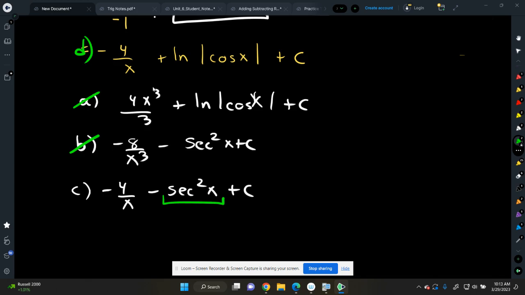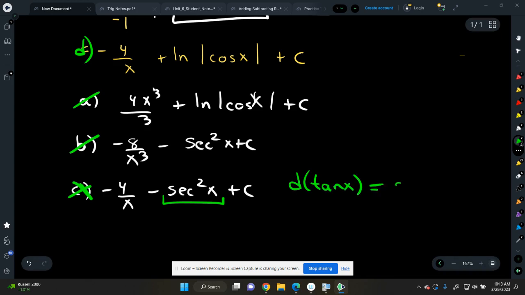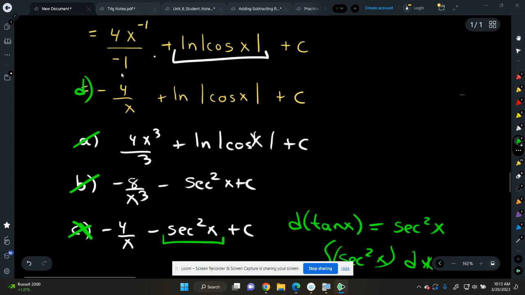Even if I didn't know the integral of tangent, I know it's not secant squared because the derivative of tangent is secant squared. Therefore, the integral of secant squared is tangent x. So that's backwards. Based on that, it has to be choice D.